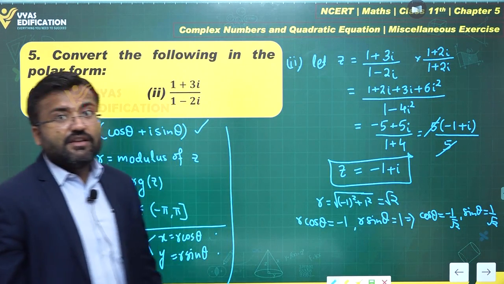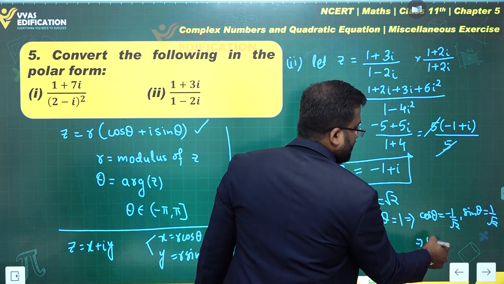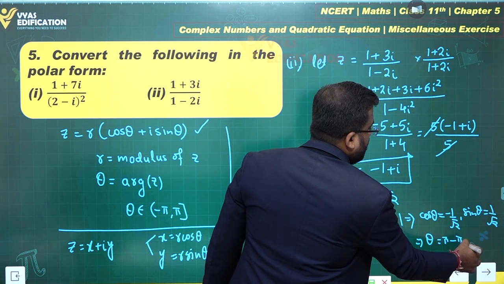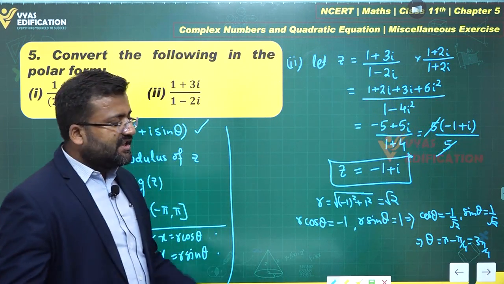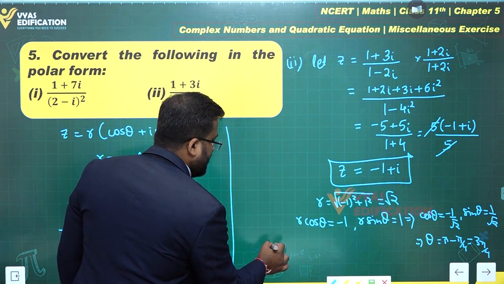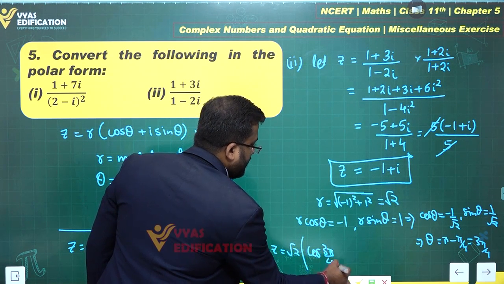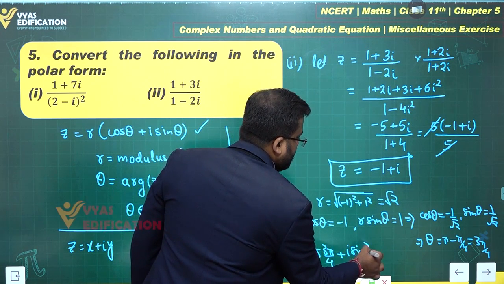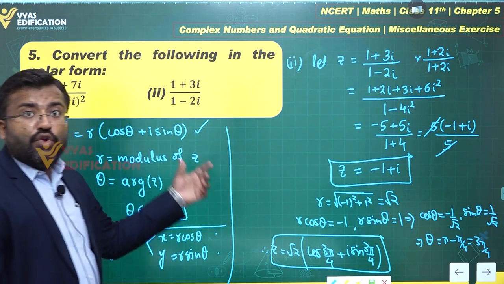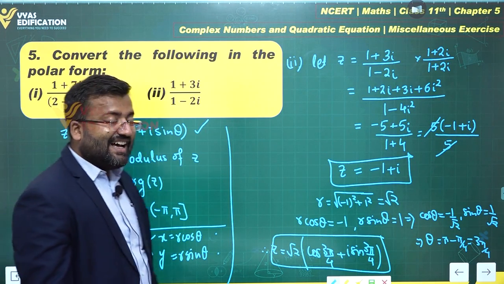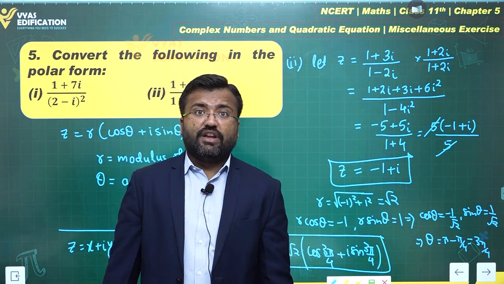Implying theta is pi minus pi by 4, or 3 pi by 4. Therefore, z equals root 2 cos 3 pi by 4 plus i sin 3 pi by 4, which is my final polar form of this complex number as asked in the given question. This is all in this question.